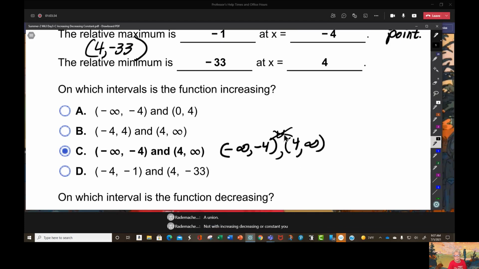You do use union signs when you're working with domain and range, when it's appropriate. When you have a split domain, for instance, you put a U between the parts, but not for increasing and decreasing and constant. That's another difference. Something you have to keep somewhere in your brain.